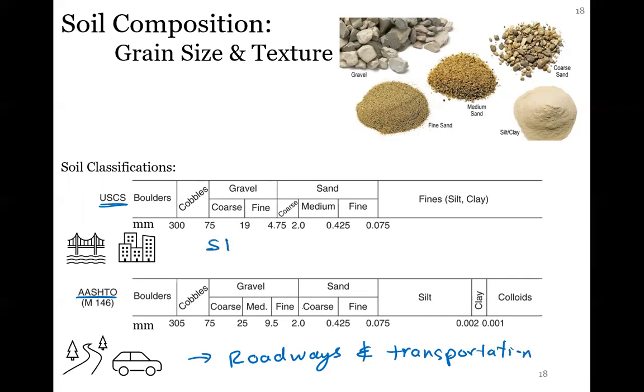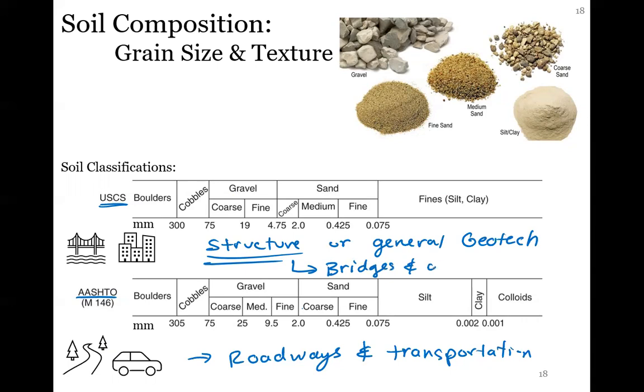Where the structure includes roadway structures, like bridges, you would still use the USCS, even though you're building a structure for a roadway. The AASHTO is for general roadway, like a 500-yard lane, just on the ground.